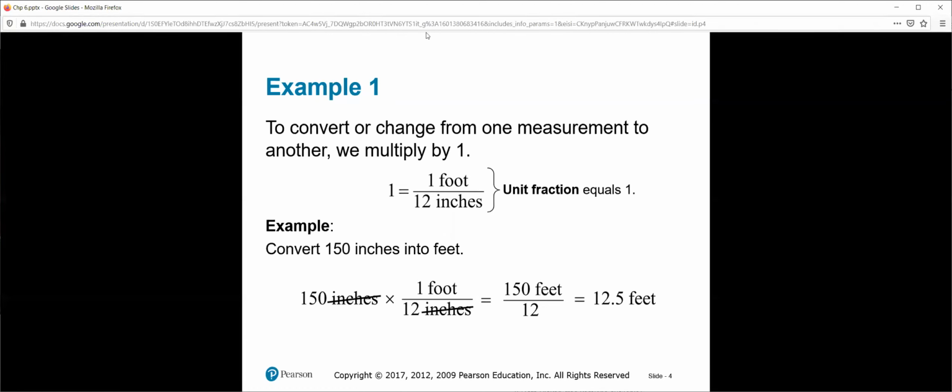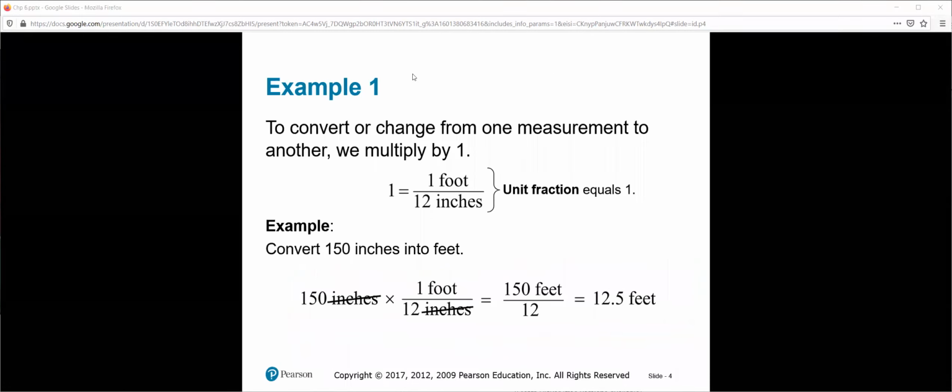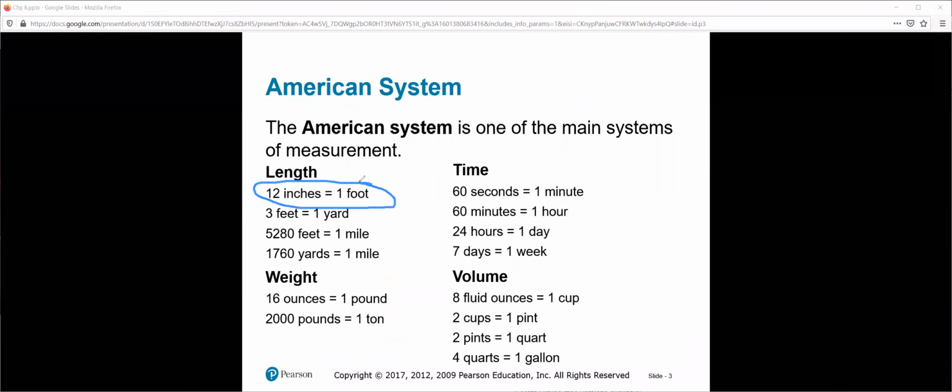The method shown here at the bottom, you may know it as a times bar. You may have heard that before. But this is the basic equation for converting stuff. Essentially, the idea behind this process is each of these equations shown here is actually also a fraction, right?